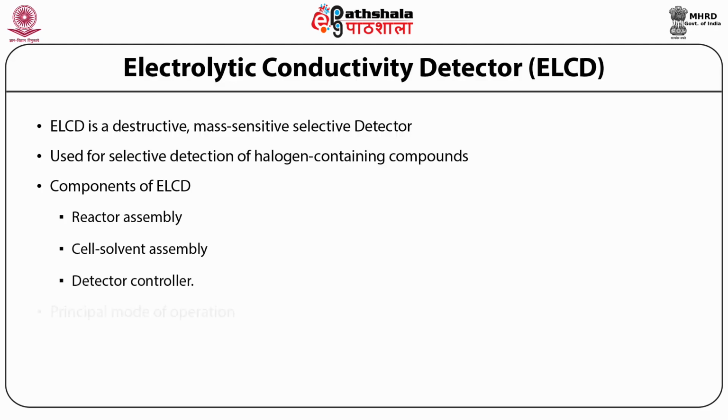Although the principal mode of operation of the electrolytic conductivity detector is the halogen mode, sulfur and nitrogen modes are also possible. Each detection mode requires a specific reactor, resin cartridge, and solvent.